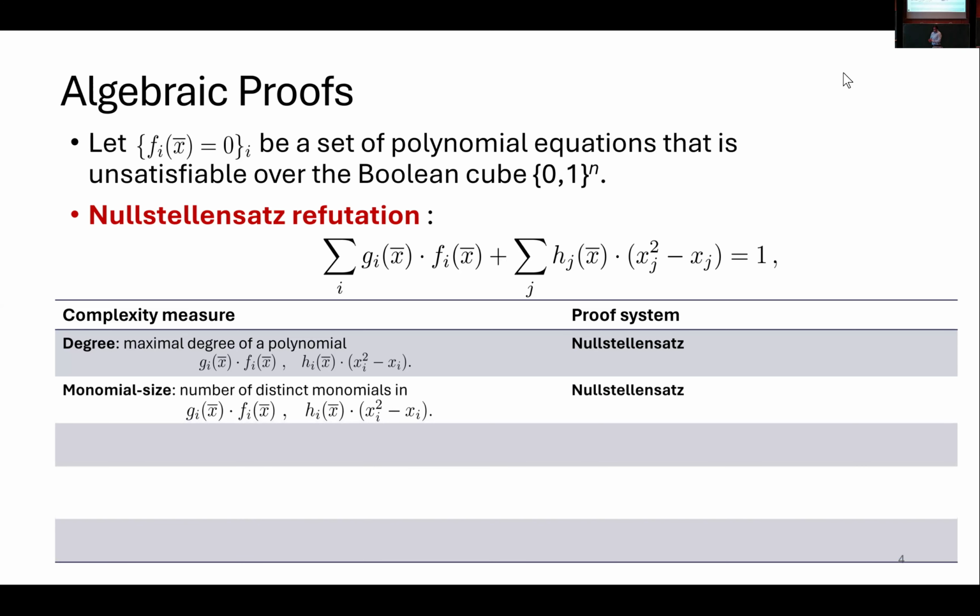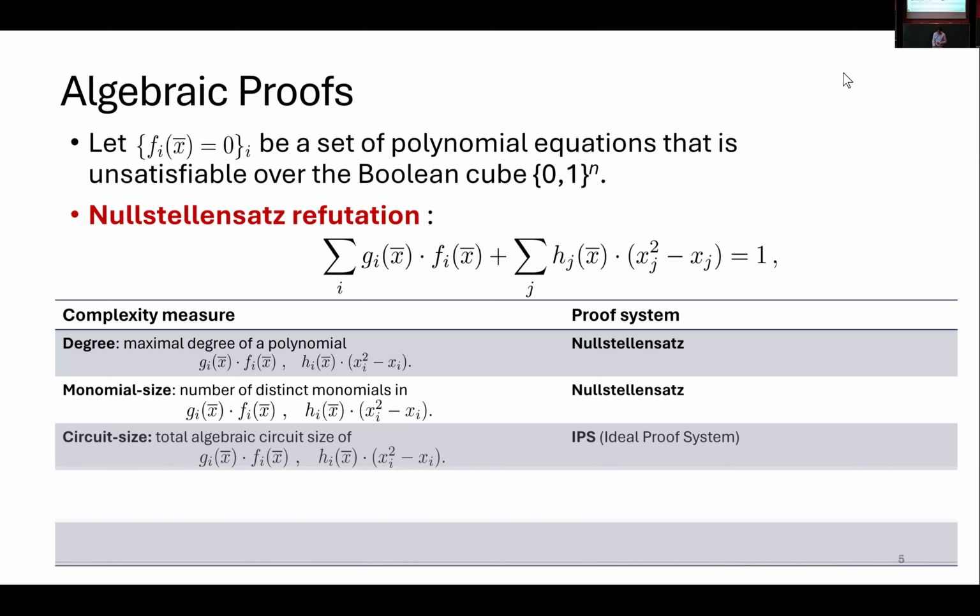Now, if I'm speaking about a size measure for Newtonian, that is going to be the number of distinct monomials in those summands, right? This is monomial size, and this is Newtonian. Now, if I go up and I consider circuit size, the algebraic circuit size of the summands Gi's times Fi's, or the H times the axioms, what I get is IPS. So that's it. It's basically Newton's written as an algebraic circuit.